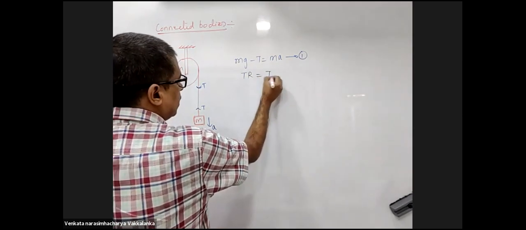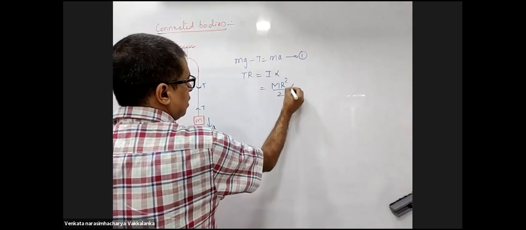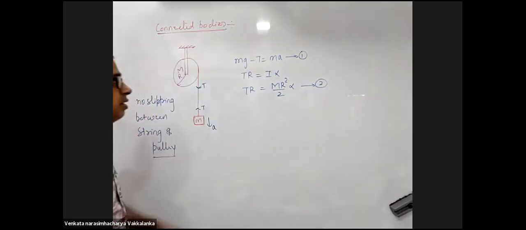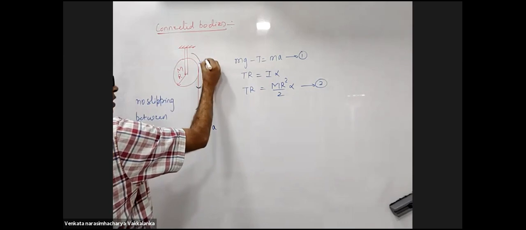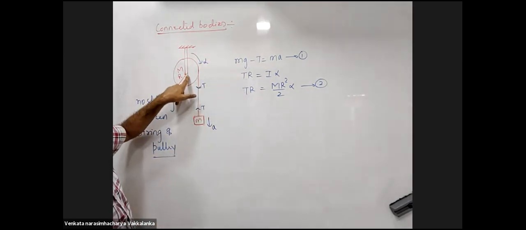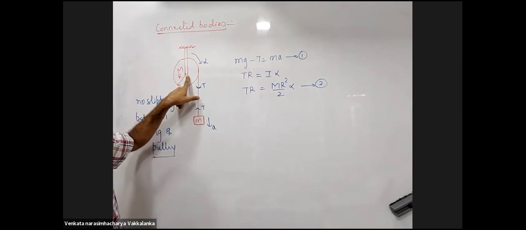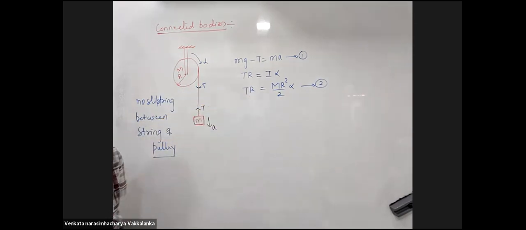T into R is I into alpha, which is capital MR squared by 2 into alpha. T into R is giving me clockwise torque, so alpha will be in this direction. I took the torque about the center of mass because the pulley is hinged at the center. I don't want to invite trouble due to the normal force. So torque about center of mass, T into R is I into alpha.